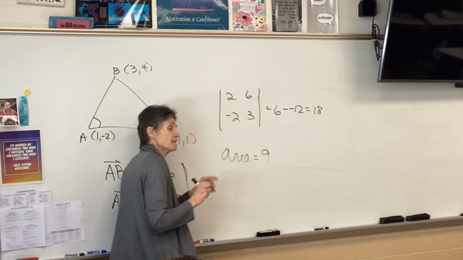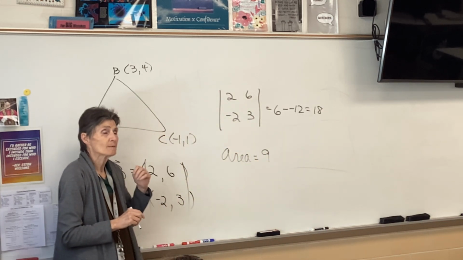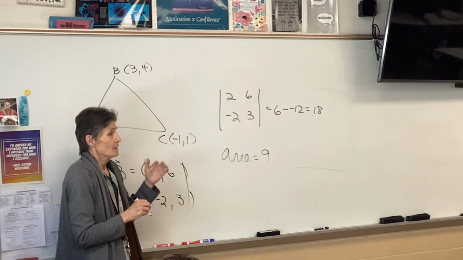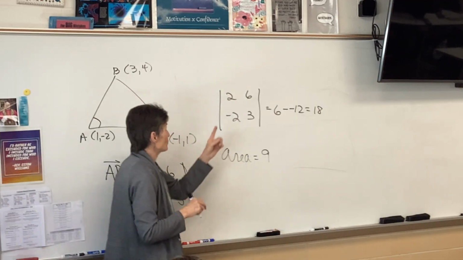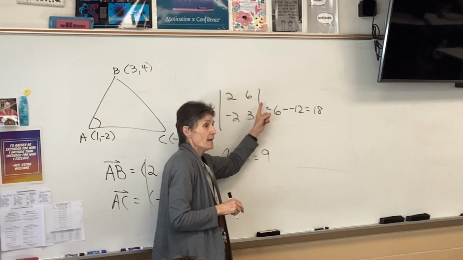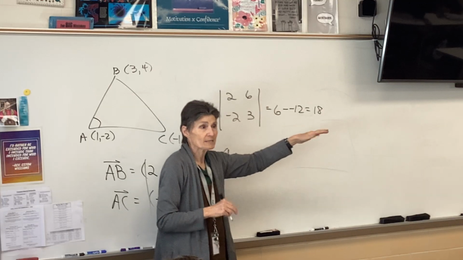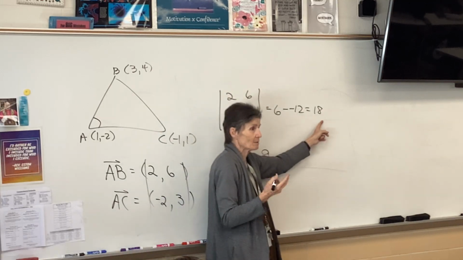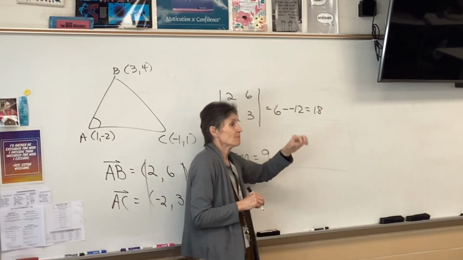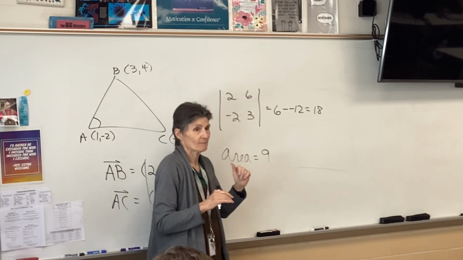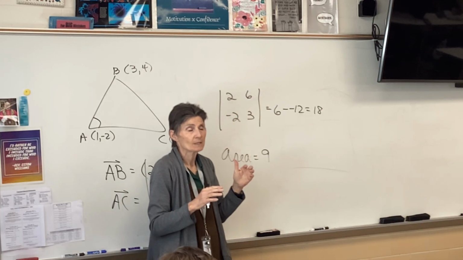Now, one thing that could happen, it hasn't happened to us yet, but if you evaluate your determinant and it comes out negative, is that possible? Could this number come out negative? Yeah. If that happens, just drop the negative. Area has to be positive.